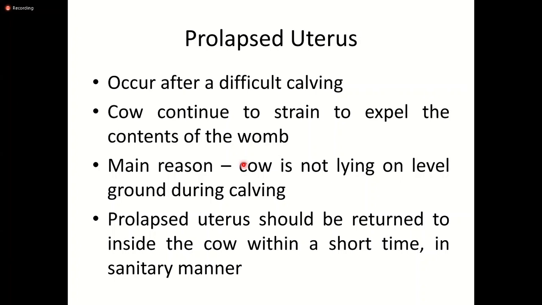The other condition or disease is called prolapse uterus, right? This situation may happen because of a difficult calving process, not a normal calving process, maybe because of an assisted calving process. In some cases there are difficulties, maybe because the animal has another condition, or the calf is larger than expected, or there is an abnormal birth position, right?